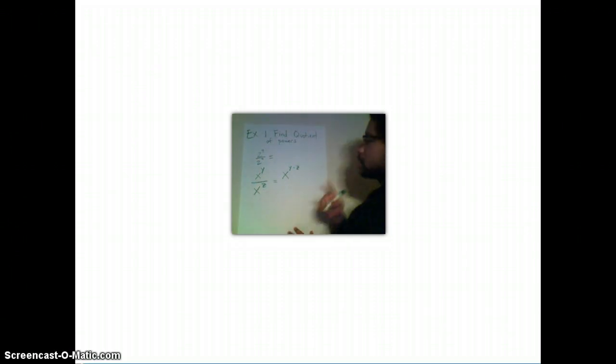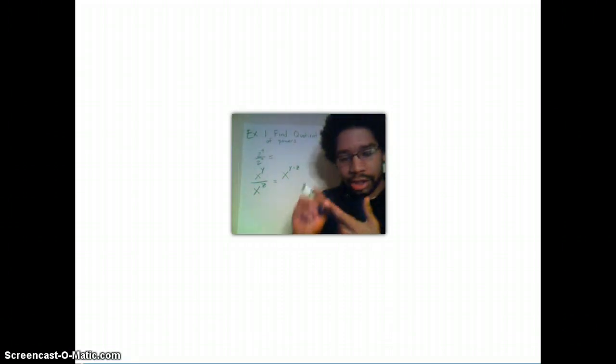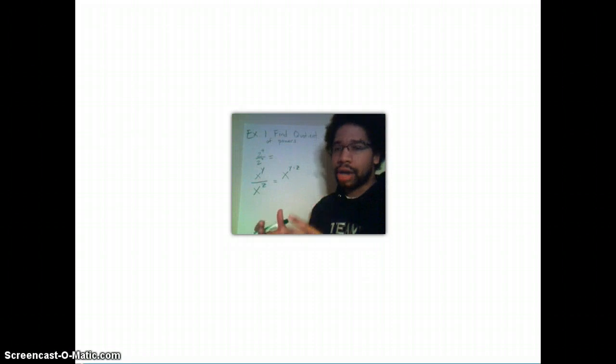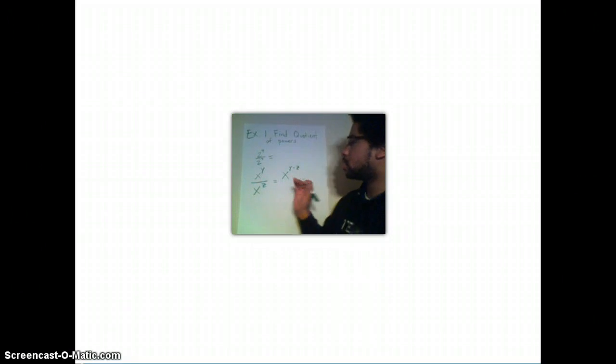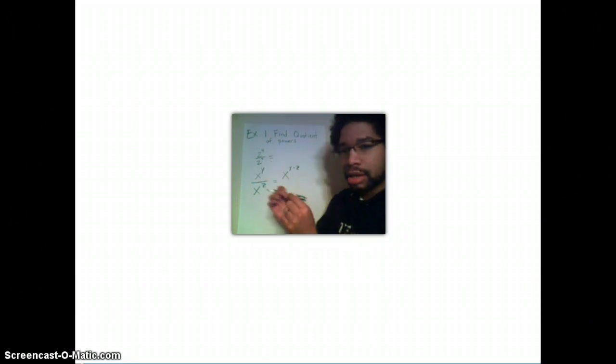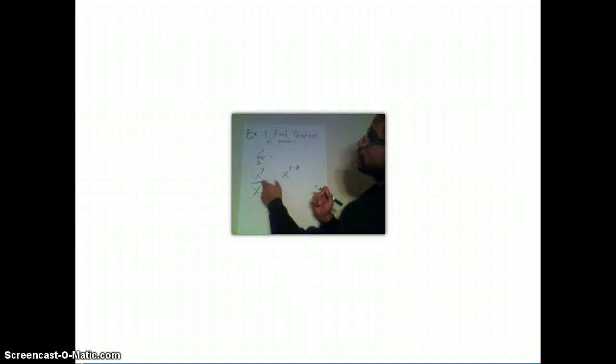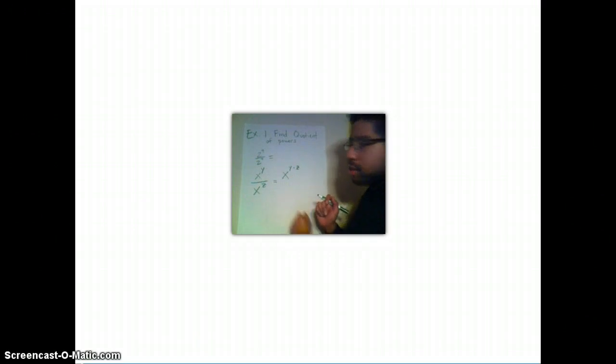Now what you learned the other day is the multiplication property of exponents, where we were adding the exponents together. So my addition and my multiplication tie in together, whereas my division and my subtraction are going to tie in together.